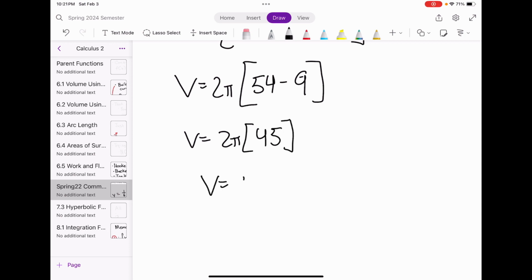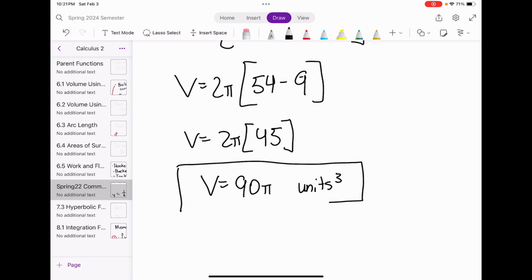So V is equal to 90 pi units cubed. Okay, pretty straightforward stuff. Number 6. At least I would hope it's straightforward. I don't know how straightforward this is truly for every person.